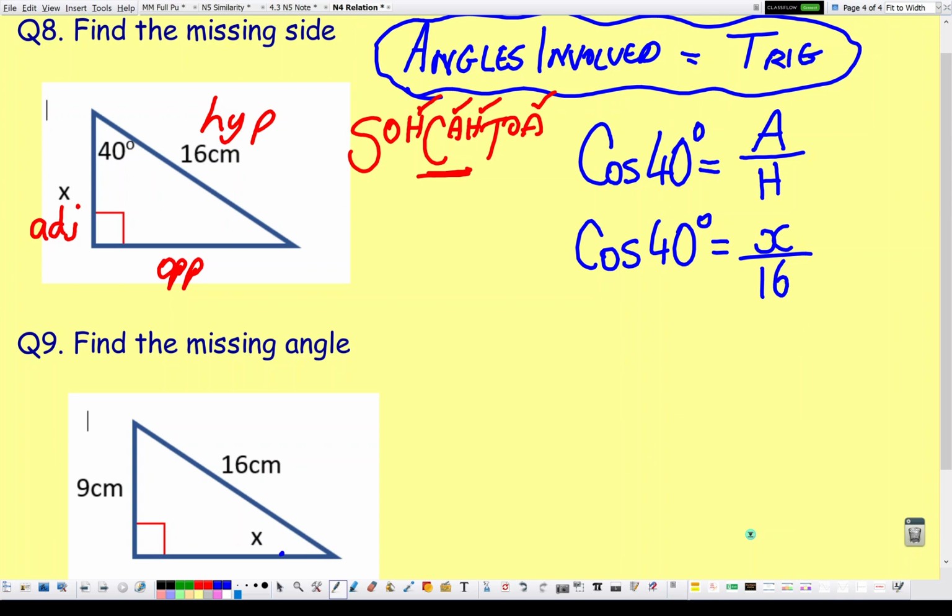Now I'm going to let you finish this off. Type in your answer when you have one, please. Rounded to 1 decimal place.